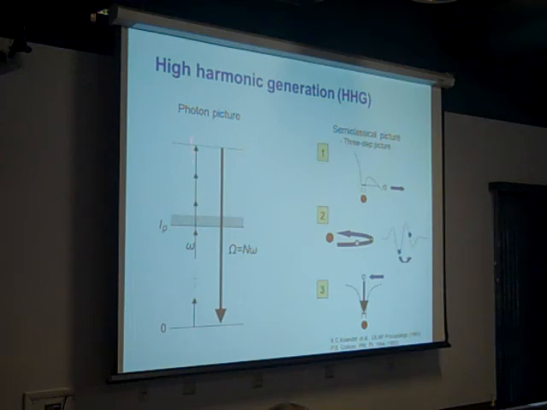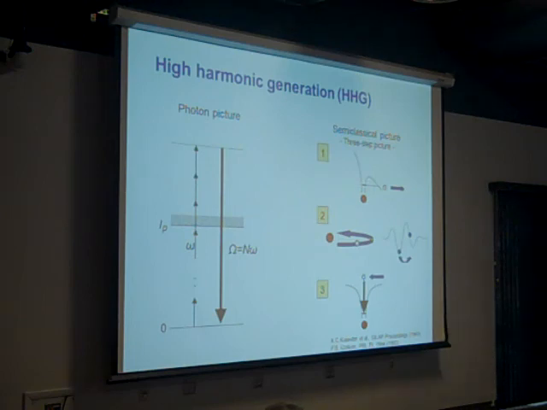The limit of this multi-photon picture is just a tunnel process, as we have just seen. You have a propagation in the continuum. Luckily, we can describe this very classically. One has studied it very well, but one can describe this very classically. And then we have the transition back into the bound state, which is nothing else than the ground state. So this is a one-to-one correspondence between these two pictures.